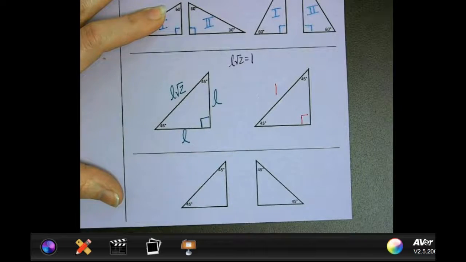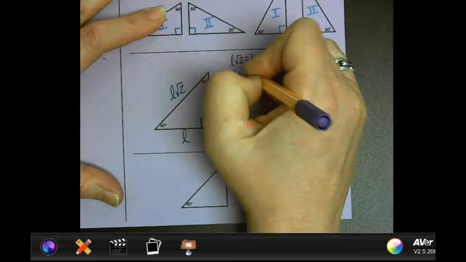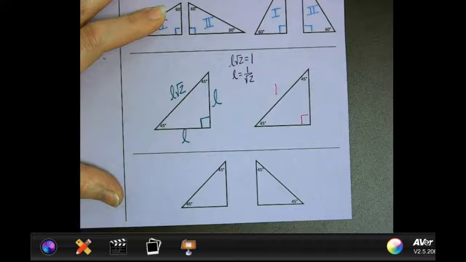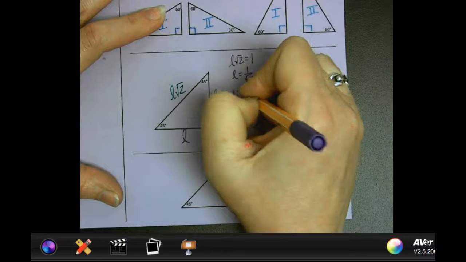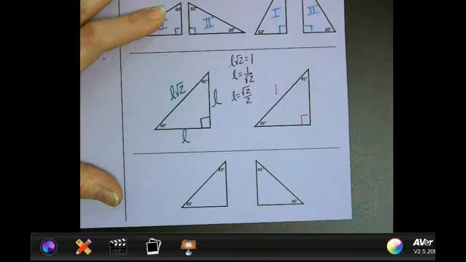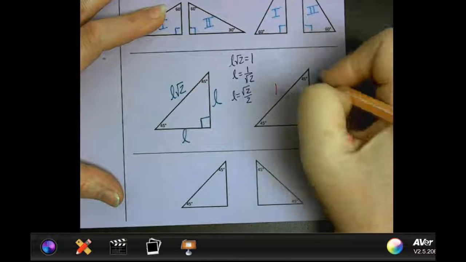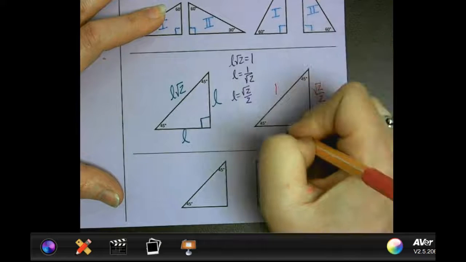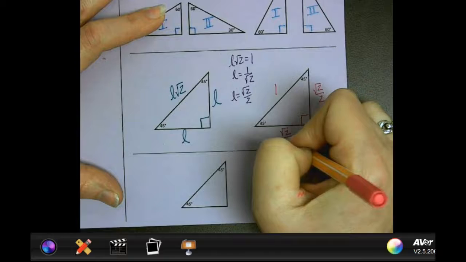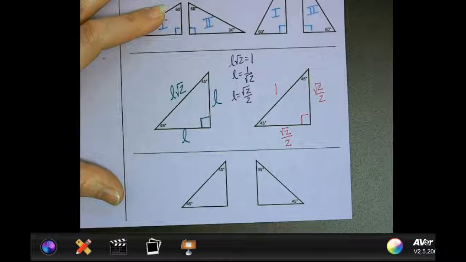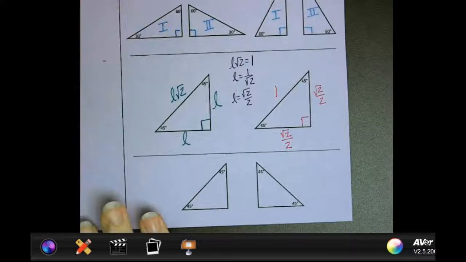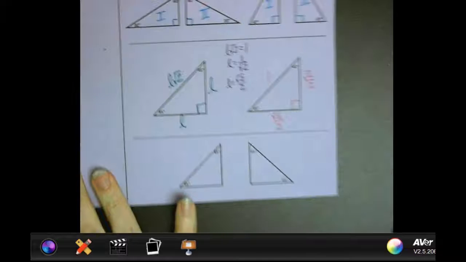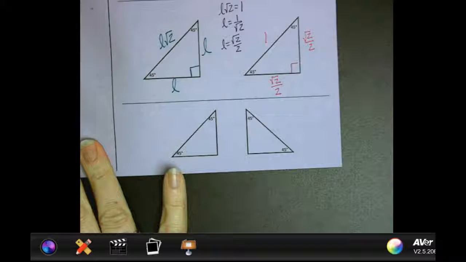And I want to know what a leg is. So the leg is 1 over the square root of 2. Can't leave it like that. So what does that become? Good. Square root of 2 over 2. So then square root of 2 over 2. Everybody with me?